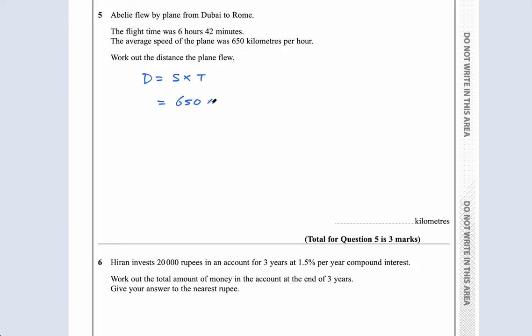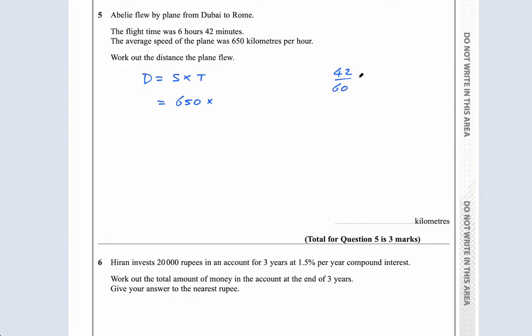But the time, guys, is the tricky bit of this question. Lots of people no doubt will do 6.42, but that's obviously a problem because it's 42 minutes, not 0.42. So I need to say, what is 42 as a decimal out of 60?